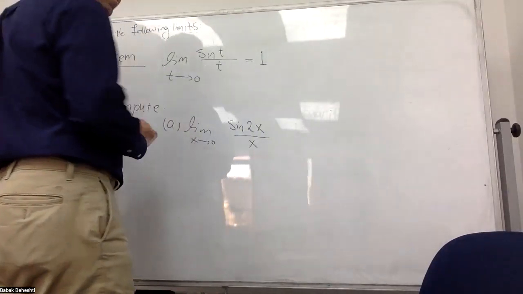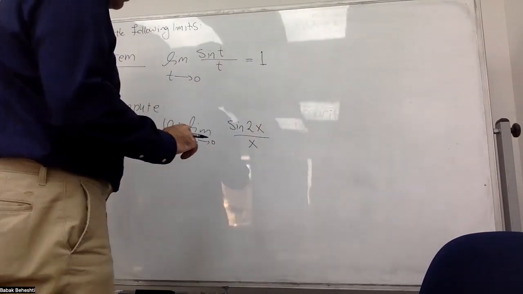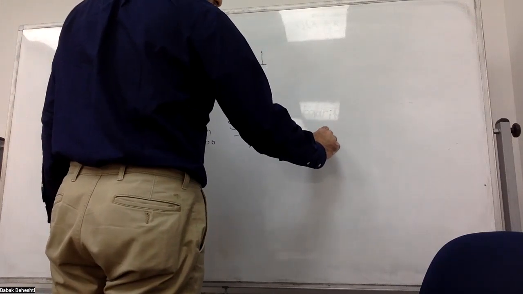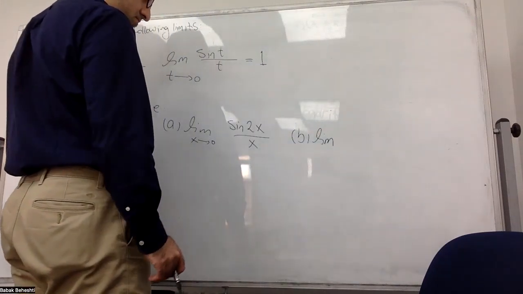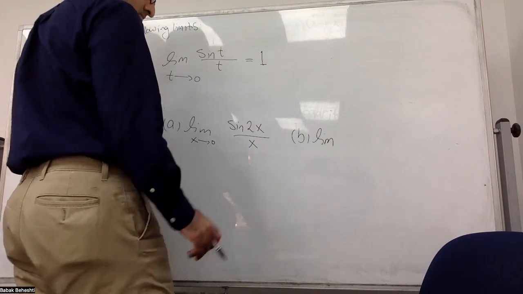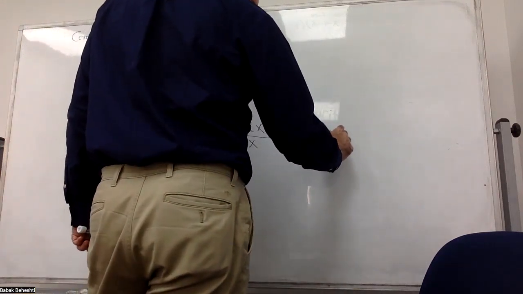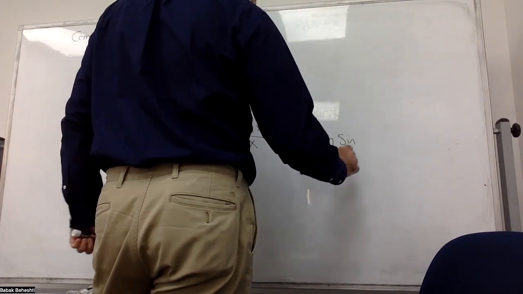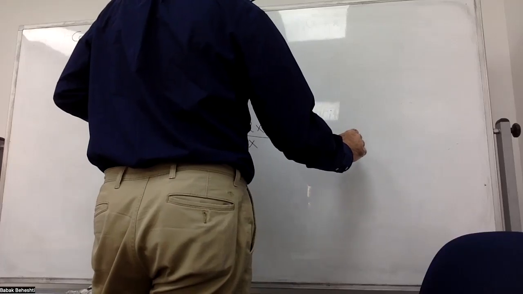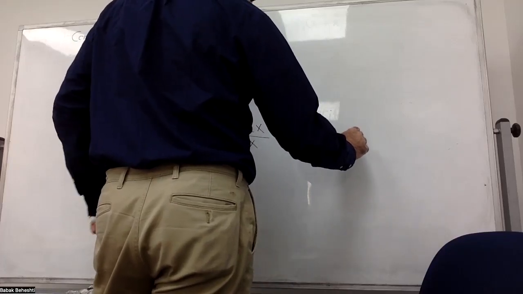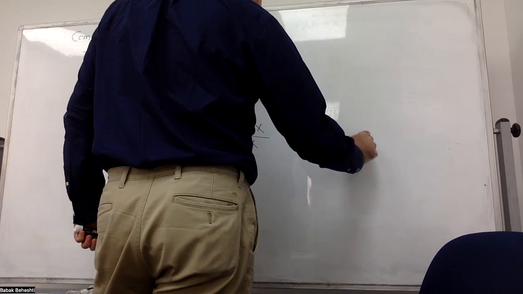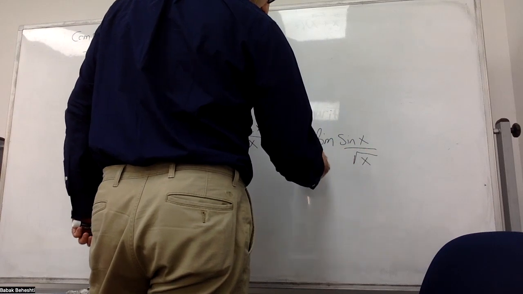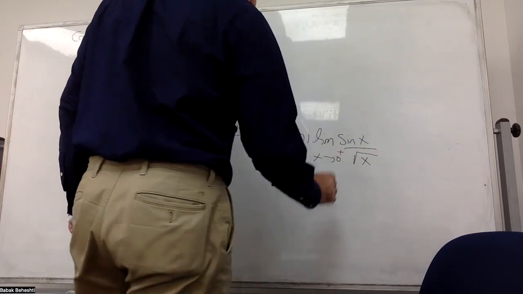And B, limit of sine of x over the square root of x, x goes to 0 plus.